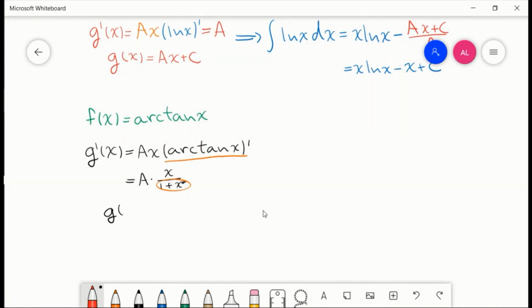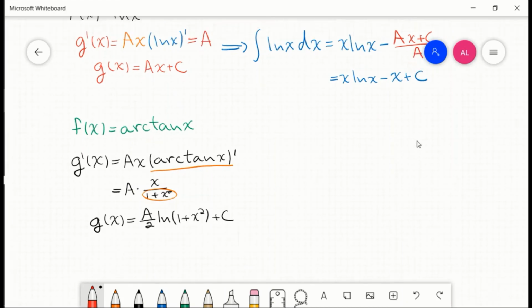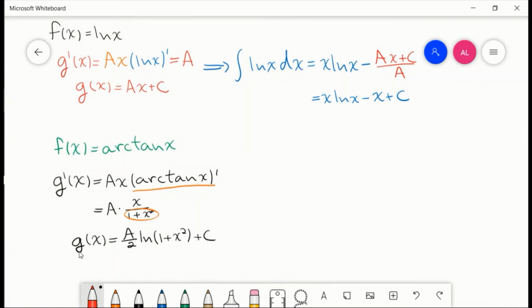So now, g of x, also by a previous calculation we did in the integration by parts part of this video, is a over 2 times the natural log of 1 plus x squared. Again, the absolute value bars are omitted because 1 plus x squared is always positive. And we add the plus c. Now, just to make one other point, this part right here is where the plus c comes from in the final integral.